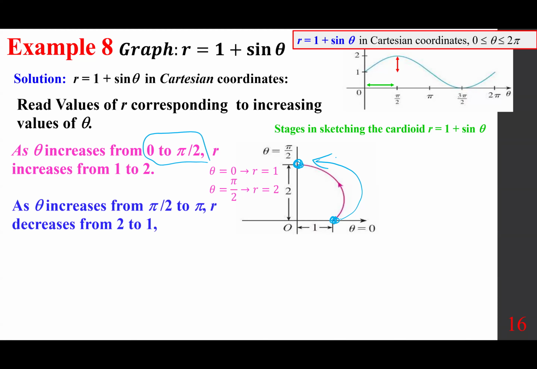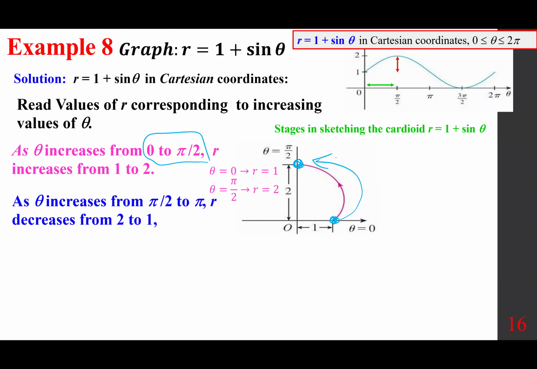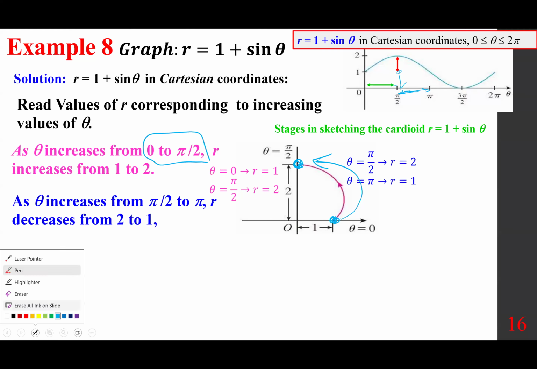Now, what happens from pi over 2 to pi? As we are here, this height goes down to this height. Let me just erase my work.